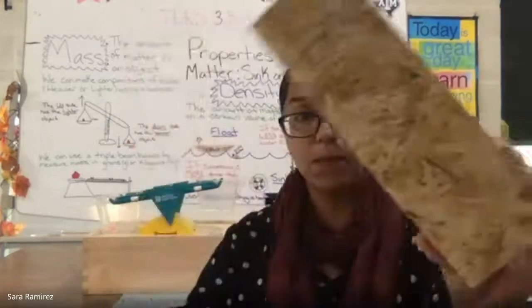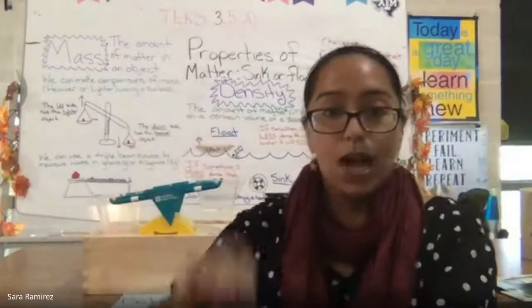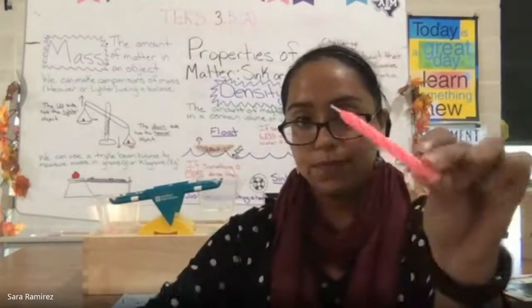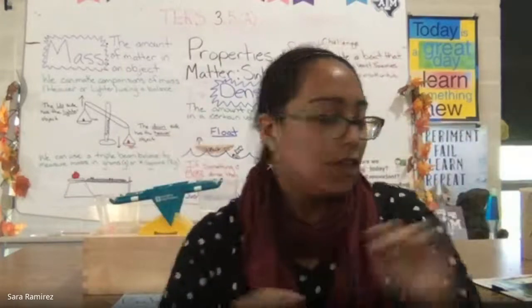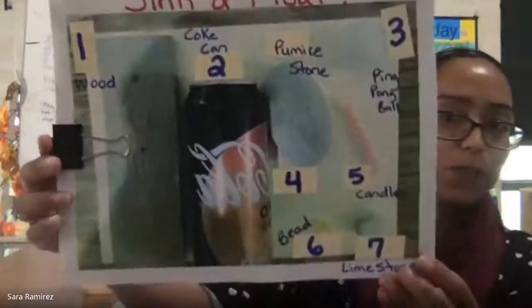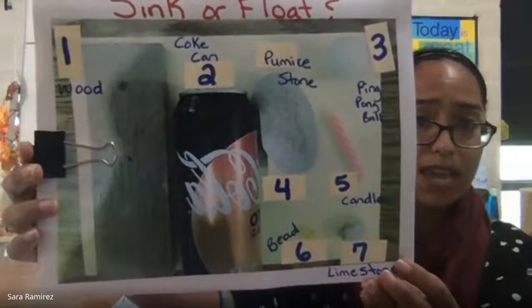We have a piece of wood. We have a ping pong ball, a limestone rock, a wax candle, and our bead. So just to review, really quickly put them in order. Which ones do you think will float? Which ones do you think will sink, and why? And we're going to move to our back table so that we can test it out.